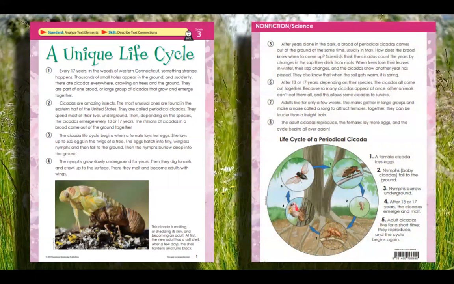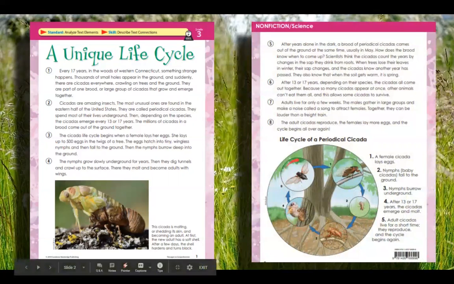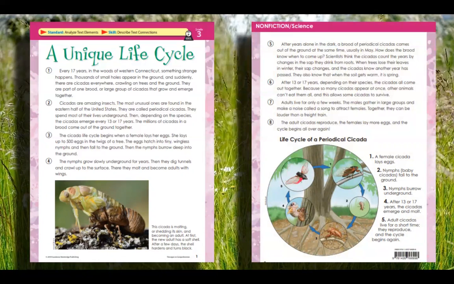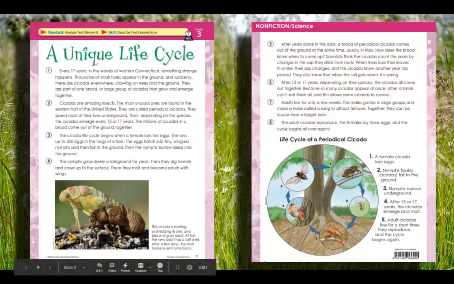article, and down here it's showing a life cycle, and we talked about that a little bit already in class. It's showing the female cicada here, and she lays her eggs. There's number 1, goes to number 2, and then I look over here and it can help me. The nymphs or the baby cicadas fall to the ground. And then I go to this next picture, following the arrows.